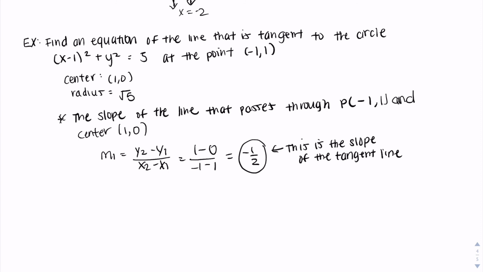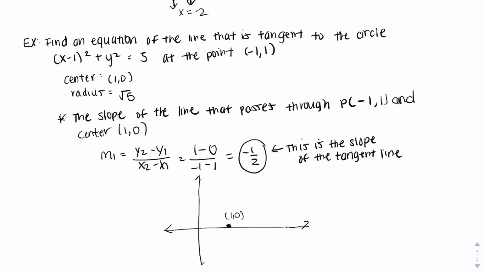So what this will look like is something like this. So then let's draw the graph. This is 1, 0.